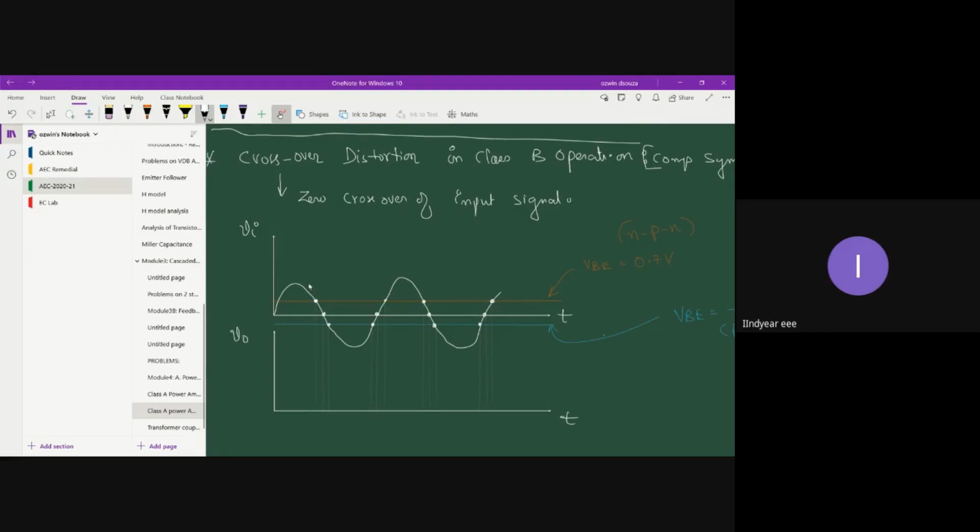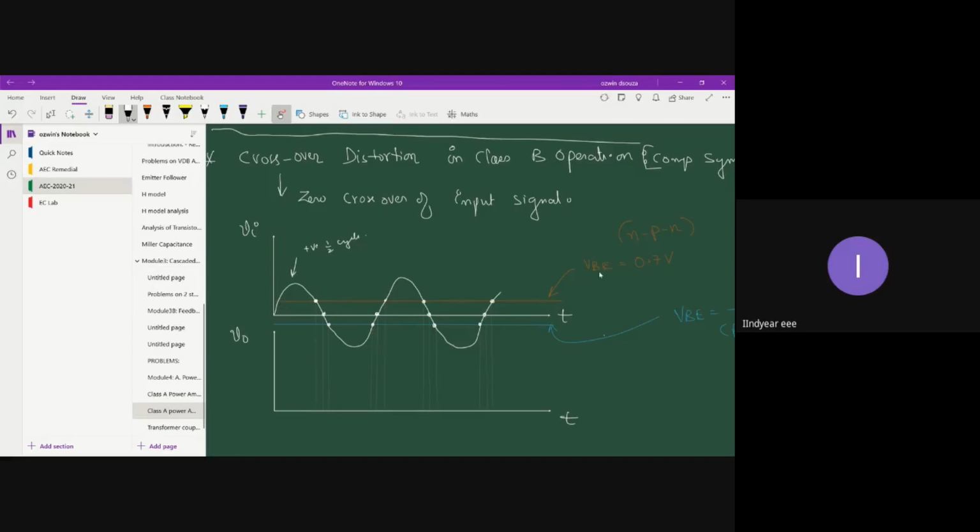Okay. Now here what is happening is, as long as your input, I'm talking about the positive half cycle. As long as your input is less than VBE, let's say VBE1 and let's say this is VBE2.